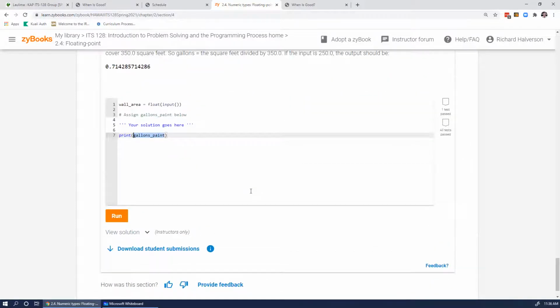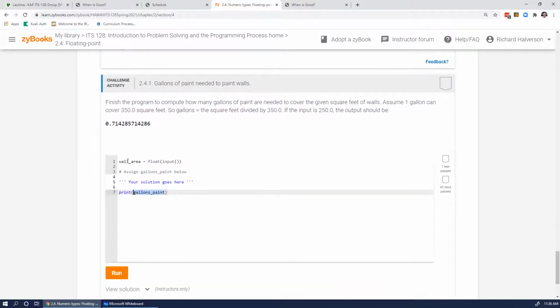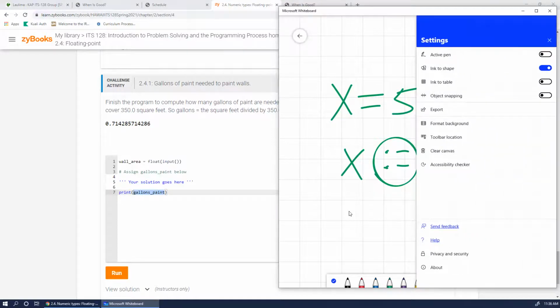Well, so it takes 250, 350 gallons equals. Let's see, how can I erase this? How do I erase this? Yeah.